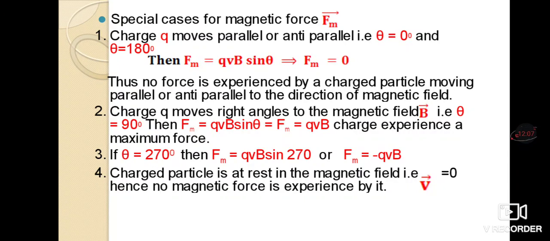The charged particle is at rest in the magnetic field, that is V is 0, hence there is no magnetic force on the charged particle. So these are the conditions for the special cases of the magnetic force.